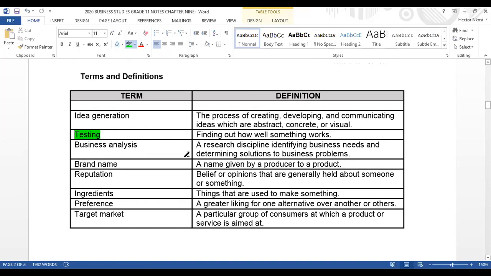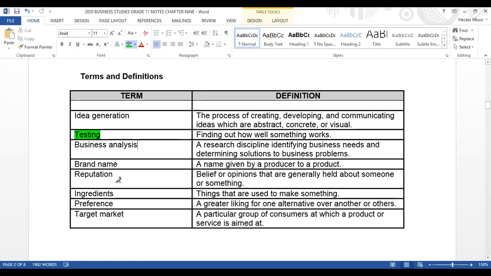Basically, we do assessment testing, we do final exams testing and stuff like that. So testing is to find out how well something works. If I'm testing a learner or group of students, I want to know whether they understand a certain concept or not, right? That's the purpose of testing.